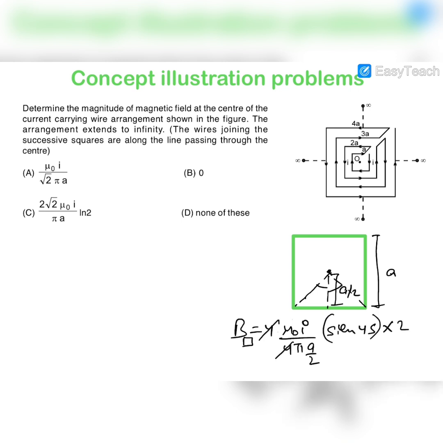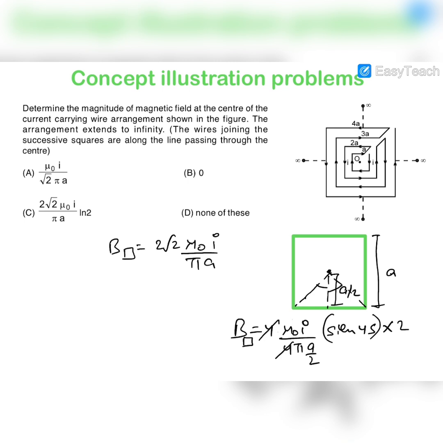Cancelling this, B of square will be equal to 2 root 2 mu naught I upon pi A. This is due to one square.